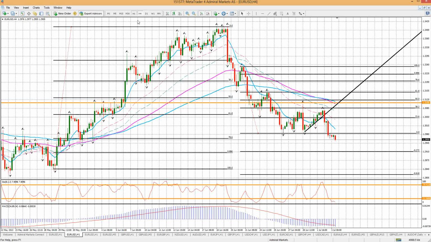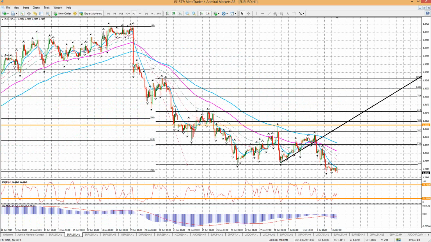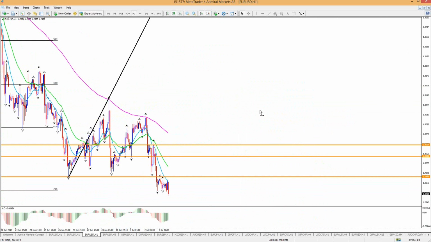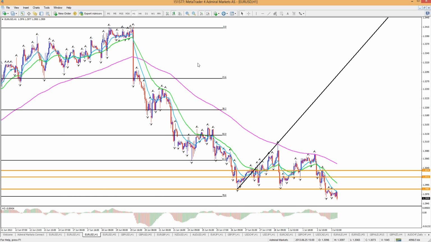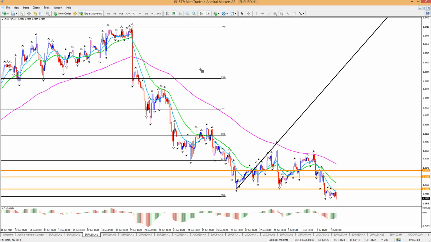It's a bit difficult here on the euro, to be honest. Let me take a look at the euro on this 1 hour chart with the AO. The downside is a bit funny in a way because it started so strong and then kind of weakened recently because it made a bigger correction.